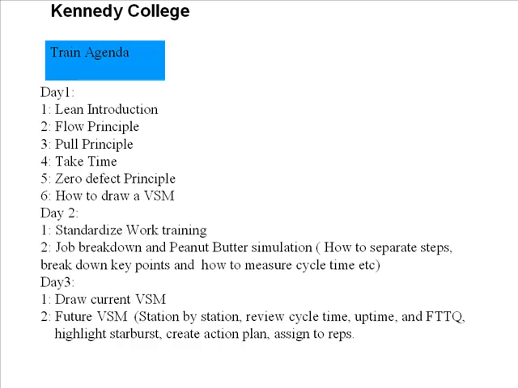So what is PDCA? Plan, do, check, act. Right? We're going to use this format to document our action plan, to make sure at the end of the day we close all the issues, and we finish everything within the timeline and achieve the target or goals.